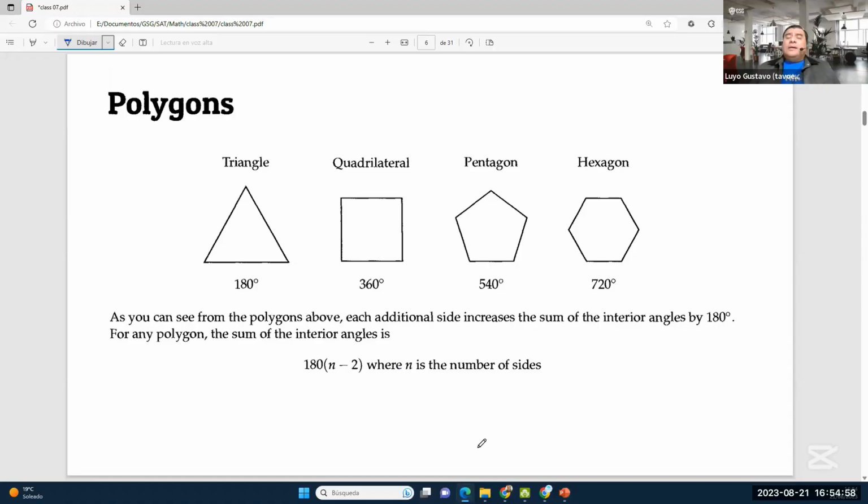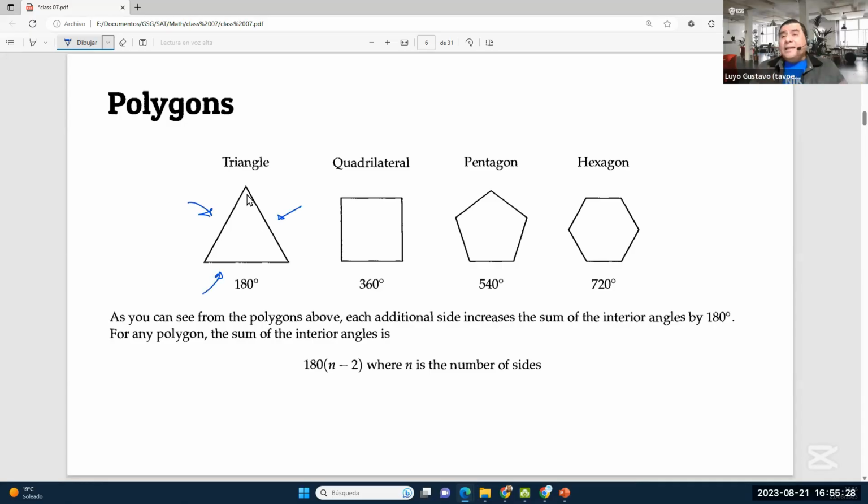And now, as we move on, when we talk about angles, there is an important property that we need to keep in mind. When we have polygons, that is closed figures formed by different line segments connected at their vertices or their endpoints, right? As you can see here, we have a closed figure formed by three line segments.